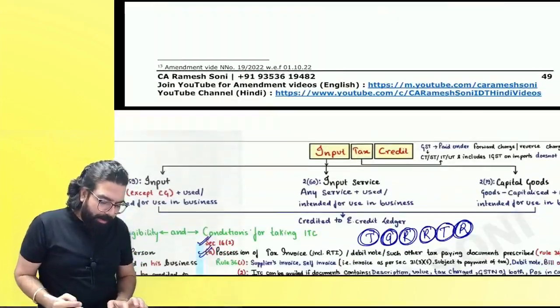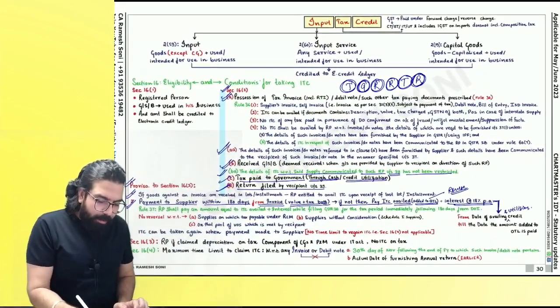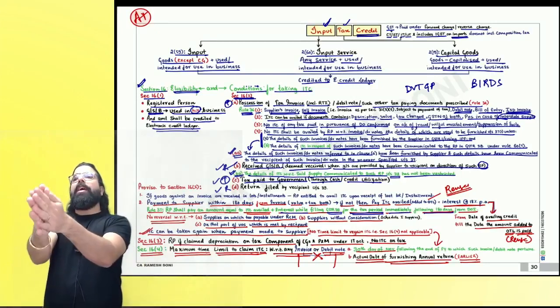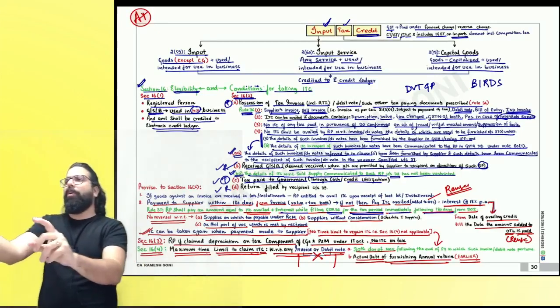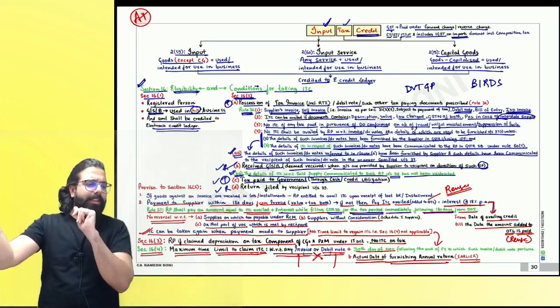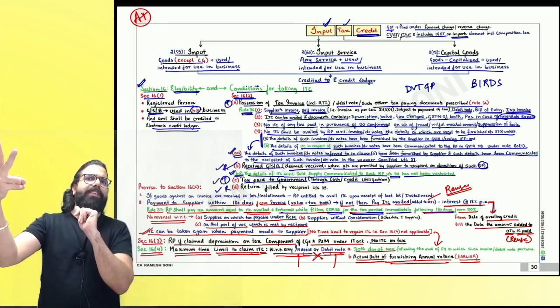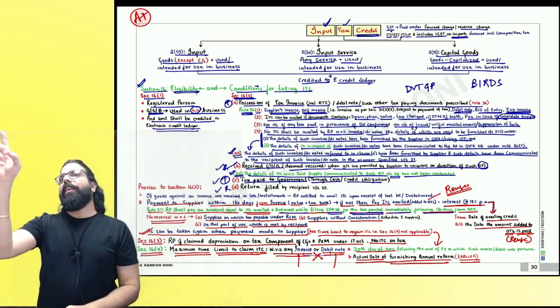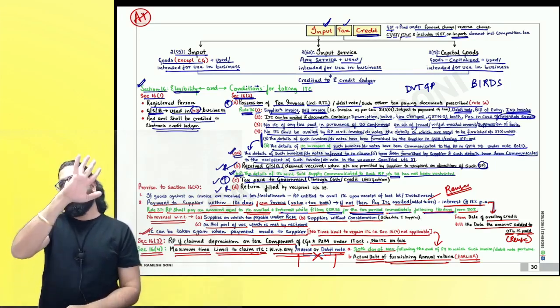Are we all 100% clear till here? We are done with section number 16. People, can you tell me section number 16 quickly? In section number 16, we learned who is eligible. 16(1): registered person is eligible. Section number 16(2): conditions to take the credit. You should have the tax paying document.